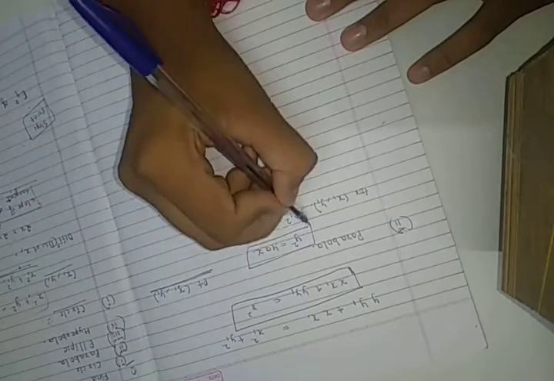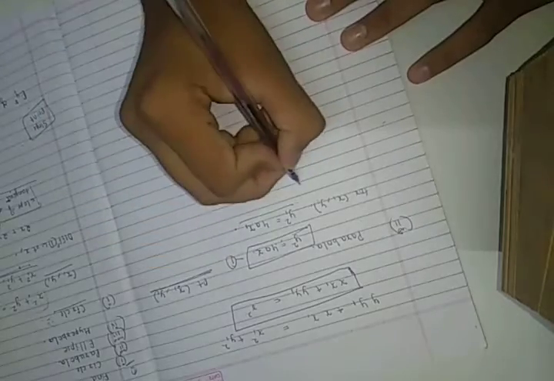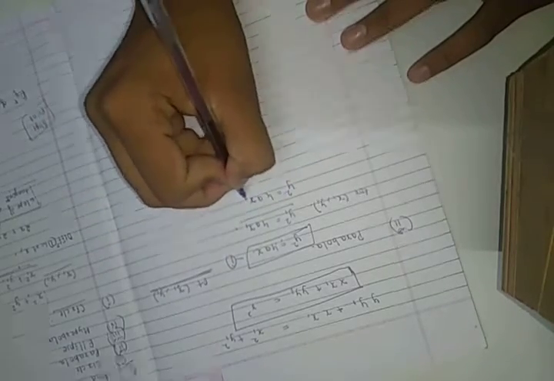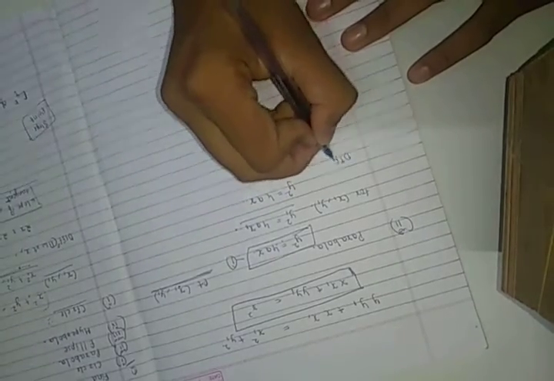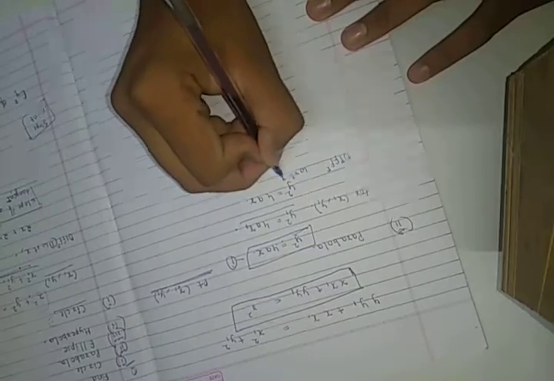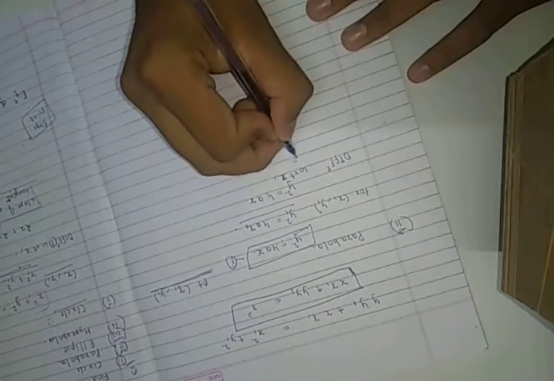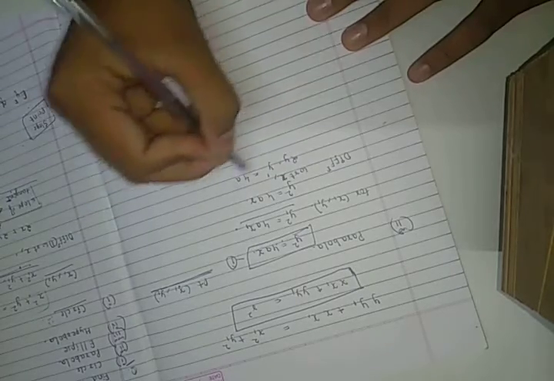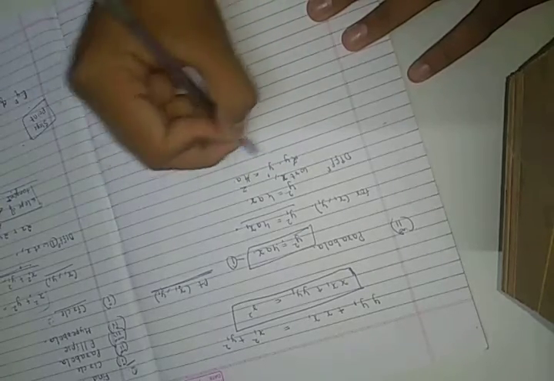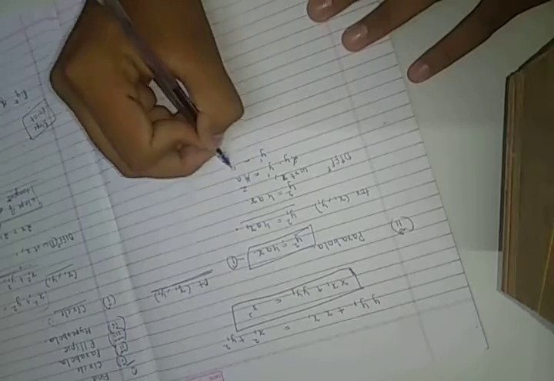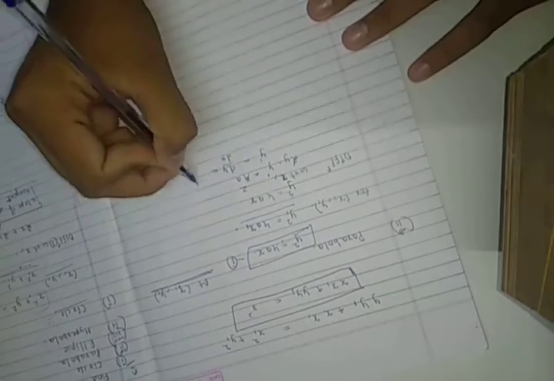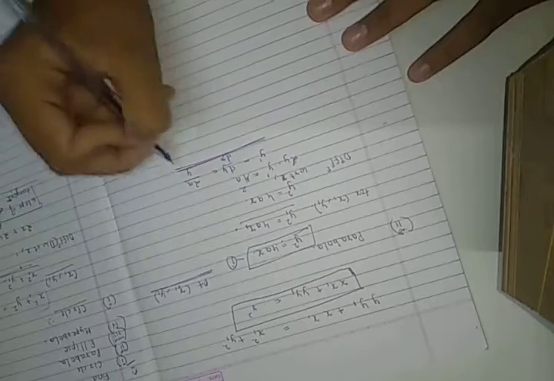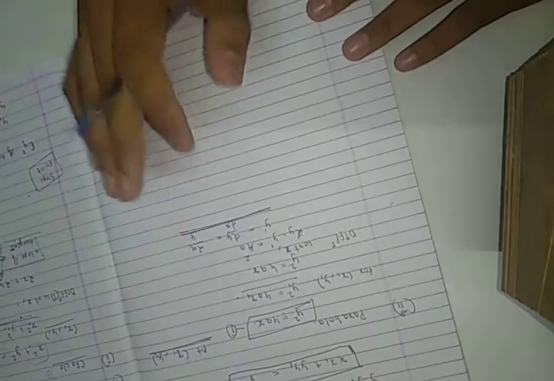Now let's differentiate this equation, which is y square is equal to 4ax, with respect to x. So it will be 2y y dash, which is dy by dx, is equal to 4a. So y dash, which can be written as dy by dx, is equal to 2a upon y. We have to follow the same procedure which we have done here.